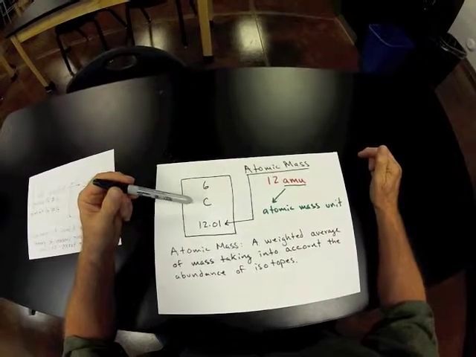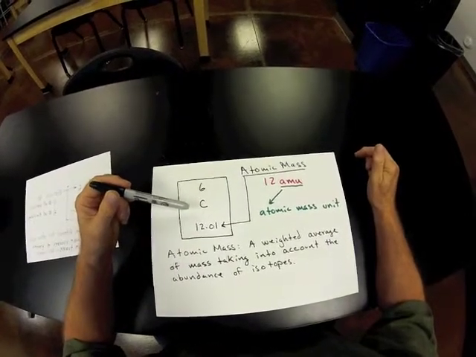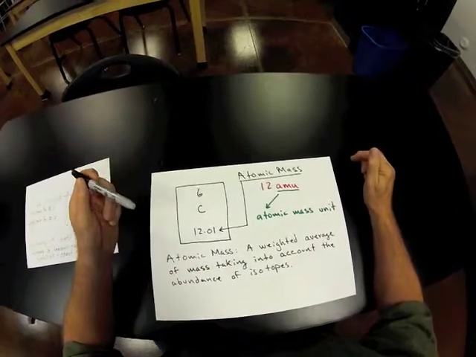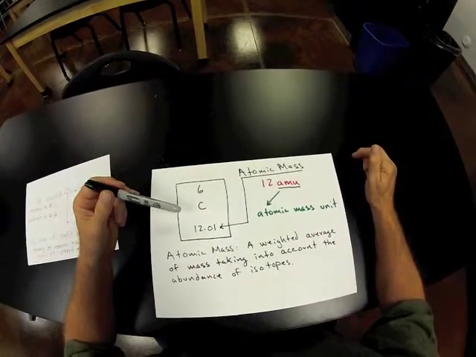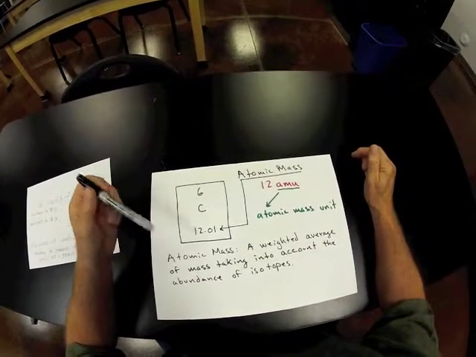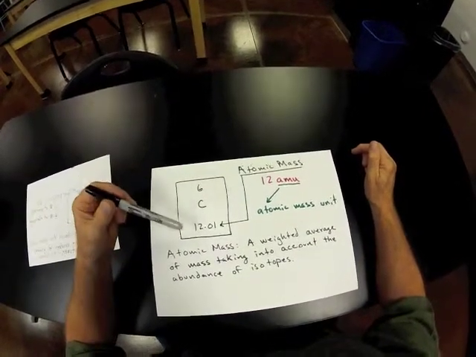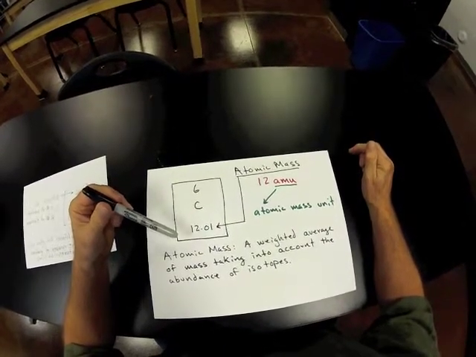So for example, a sample of carbon taken from the crust of the Earth is going to be comprised of 3 different isotopes: carbon-12, carbon-13, and carbon-14. The atomic mass takes into account the abundance of each of those isotopes and gives an average mass that's been weighted for the abundance of each of the isotopes.